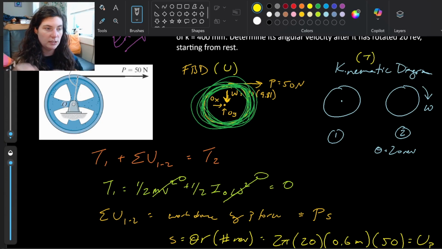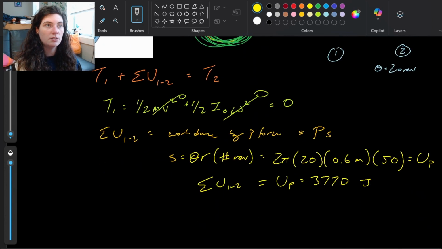There's no velocity to the wheel itself, only an angular velocity from the rotations there. So that's going to give us T2, 1/2 mv squared plus 1/2 IO omega squared.